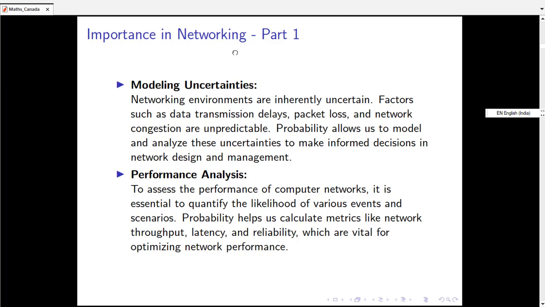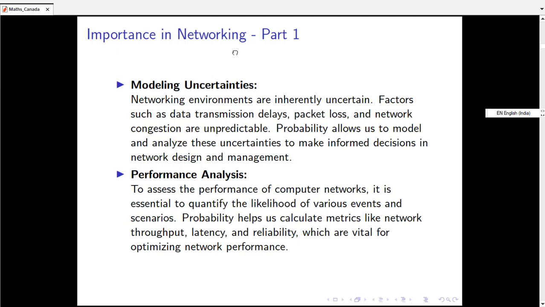The probability concept allows us to model and analyze these uncertainties to make informed decisions, like how a network can be designed for peak hours, and which methods can be used to cope with these uncertainties and to decentralize network congestion, so we can manage it properly.